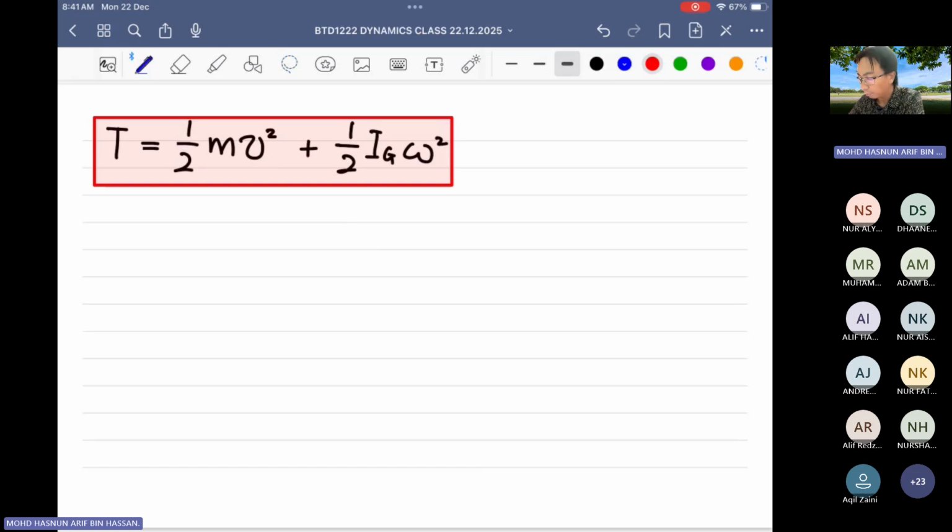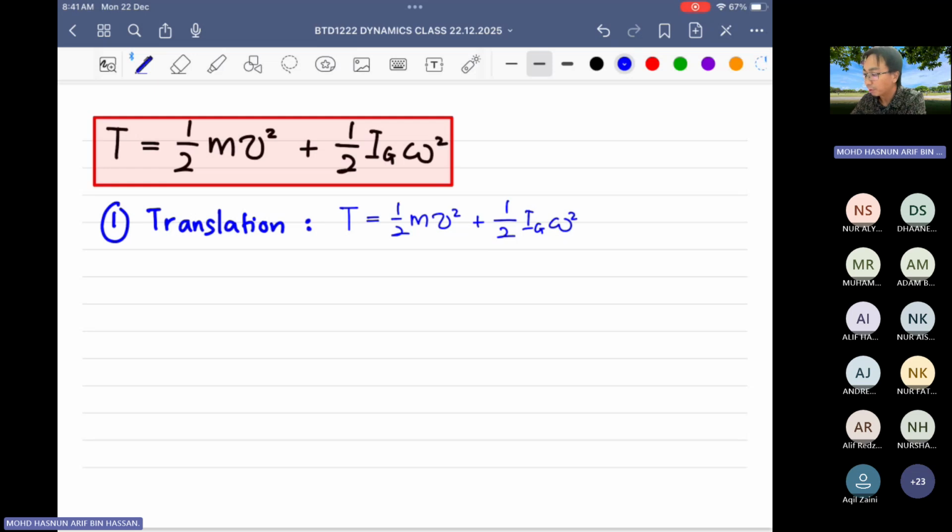Previously we learned that the first type of motion is translation. When an object is in translation only, T is equal to 1/2 mv square plus 1/2 Ig omega square. Since the object is only undergoing translation, there is no omega because the object is not rotating.